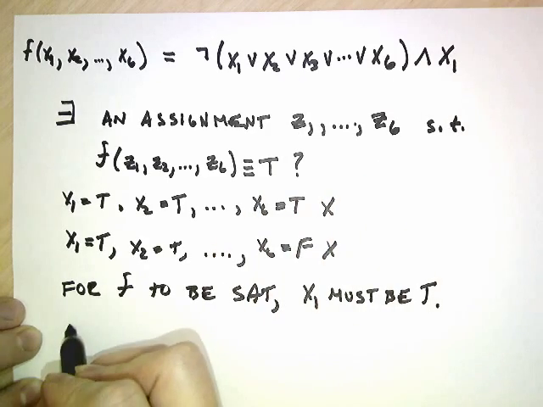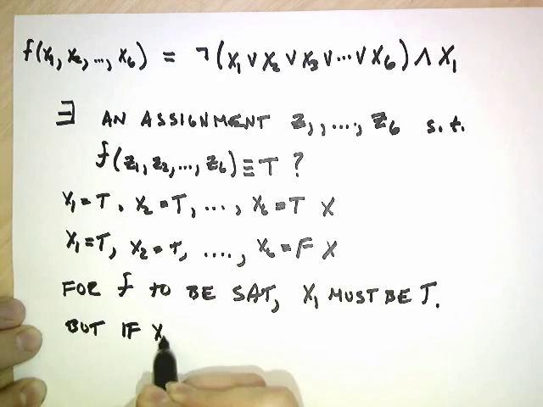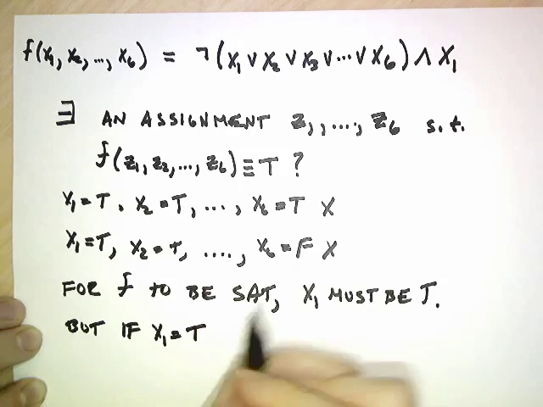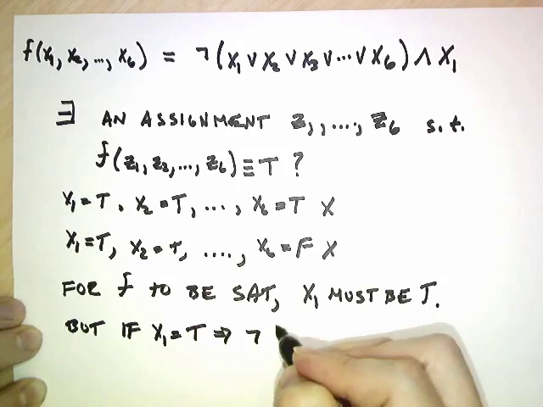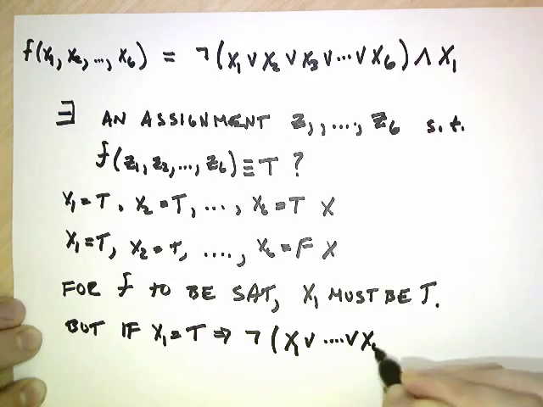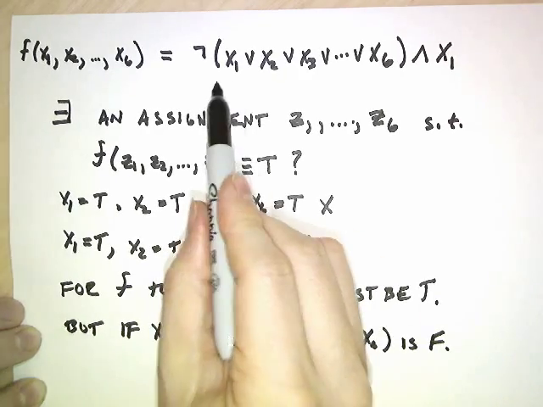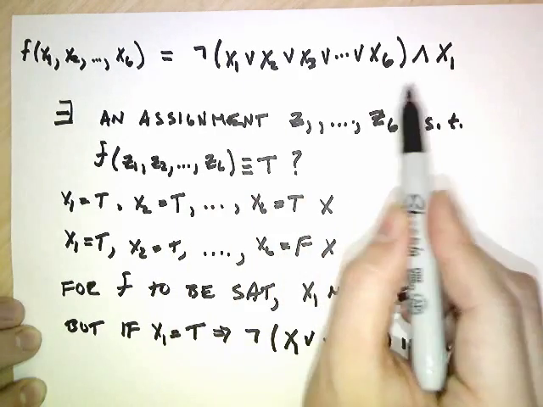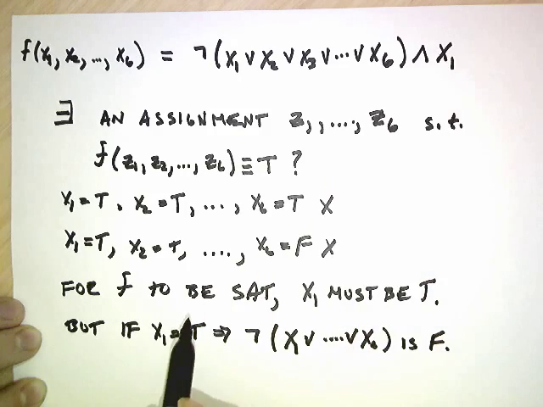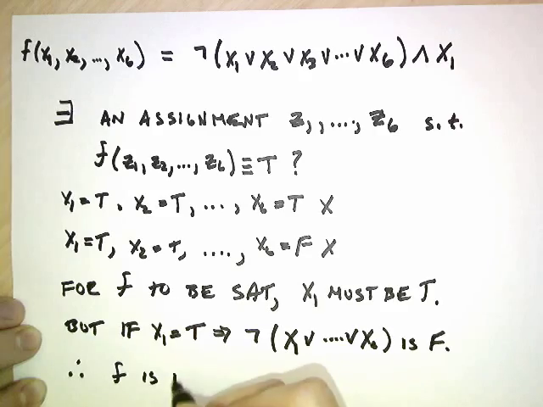So we could write, if x1 equals true, it implies that not of x1 or through x6 is false. And so if this expression up here is false, then false and anything is going to be false. So we can conclude, sometimes we'll write three dots, that means therefore, f is not satisfiable.